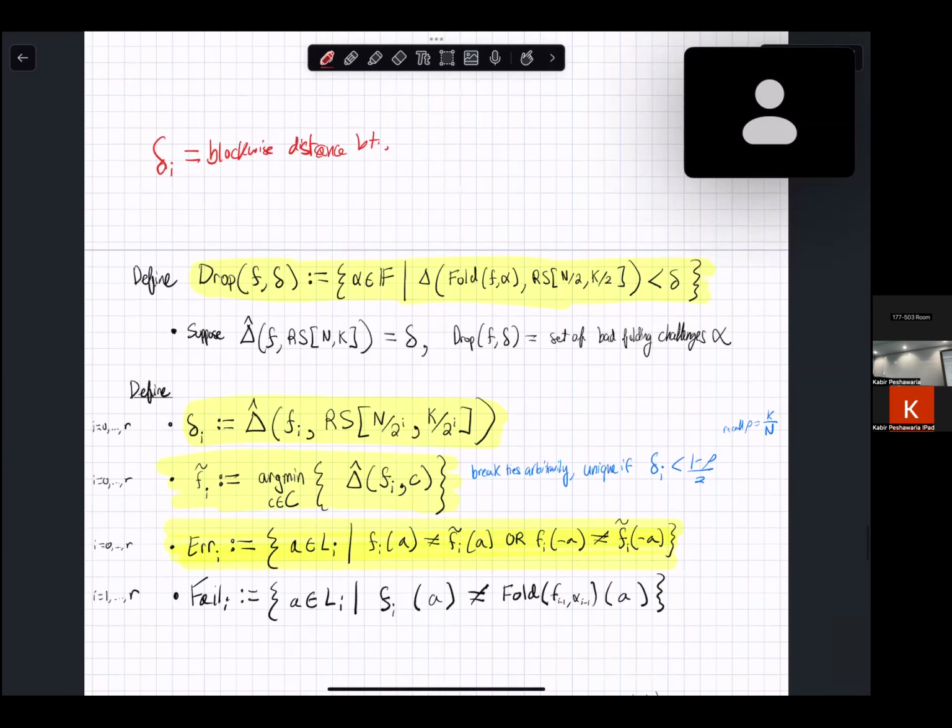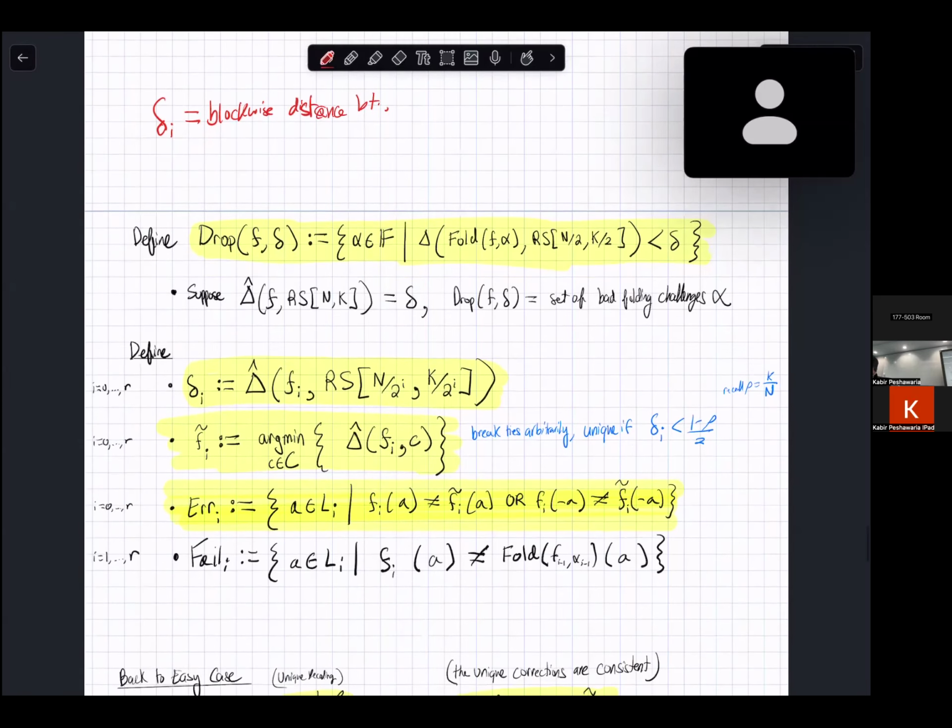Delta I is my blockwise distance between Fi and my code. Drop f of delta I tells me how many alphas will make the folded thing's regular distance be less than delta I. And so we're relating the blockwise distance of Fi to the normal distance of the fold of Fi. Is that clear? Okay.